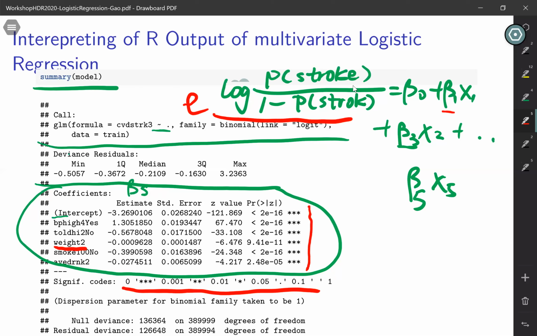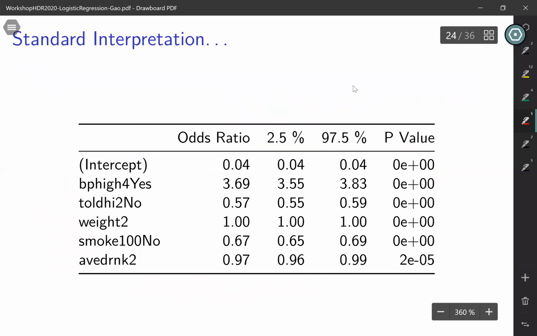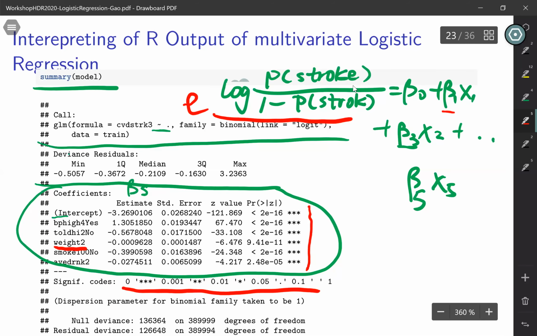We can easily do that in R. You simply take the exponential of the coefficients, and now we get this table. You see the difference between this table and the previous coefficient table. For example, I pick one number, the second one, for blood pressure.